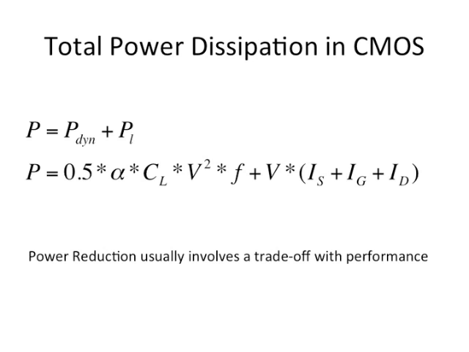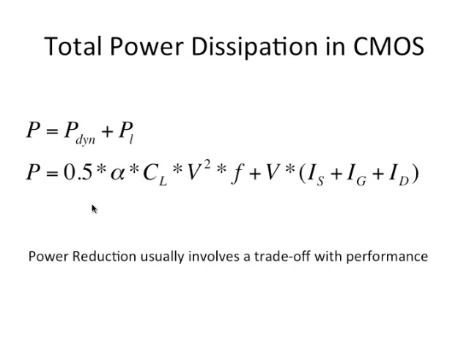So the total power dissipation is the dynamic plus leakage power, and so that is half alpha CL V square F plus V times the leakage current. If you want to reduce power, you look at all these terms and see how to reduce each of them.